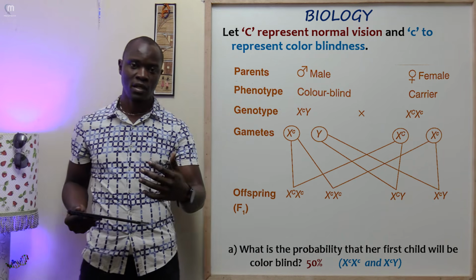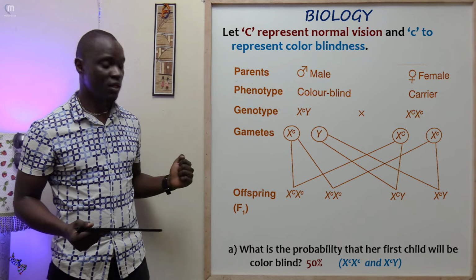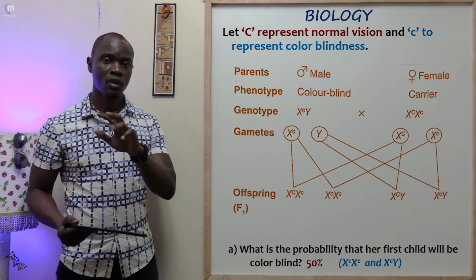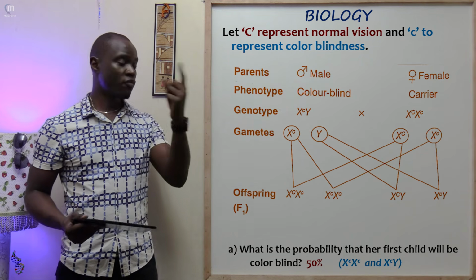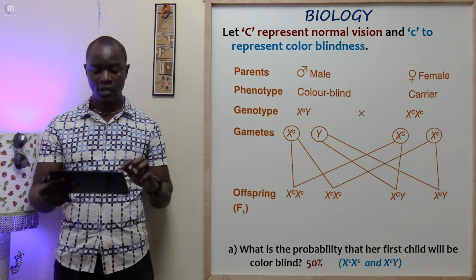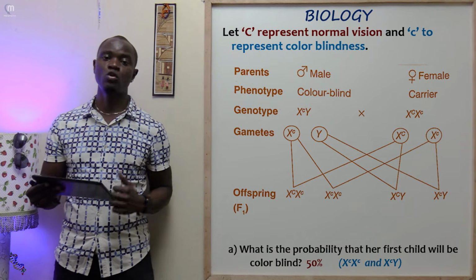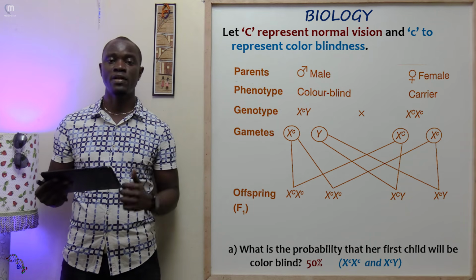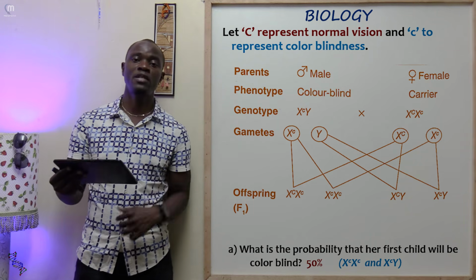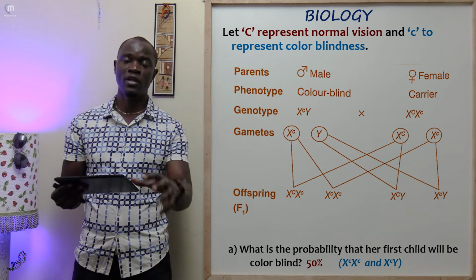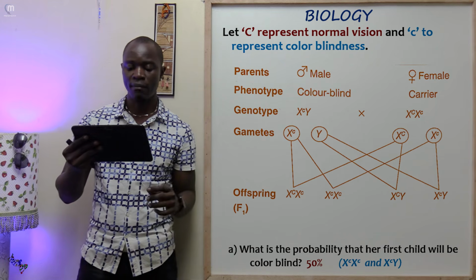Why 50%? Because the second offspring we have seen is a colorblind female. That is only 25%. Now the fourth offspring you have also seen is a colorblind male. That is also 25%. So if you add them, you get 50% chance that the first child they are going to obtain, that is the F1 generation, is going to be colorblind.